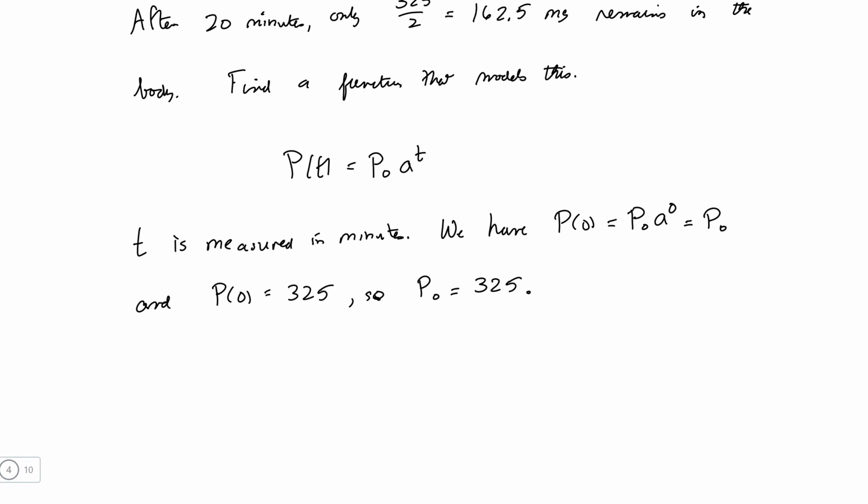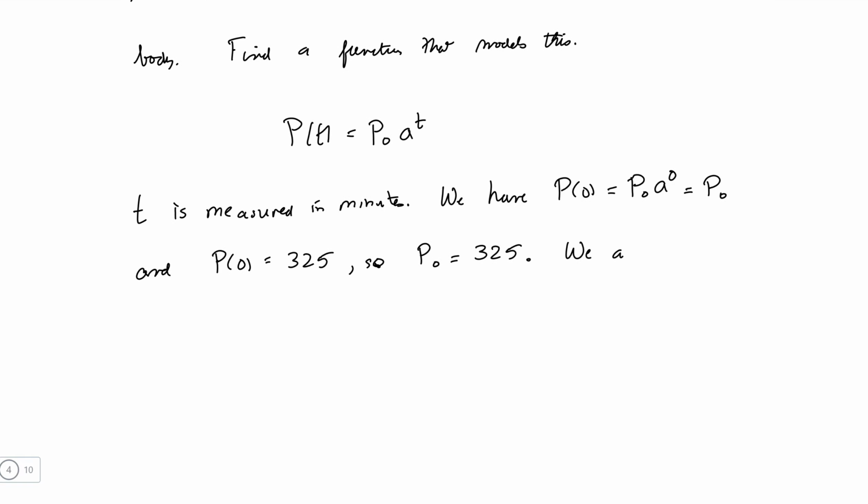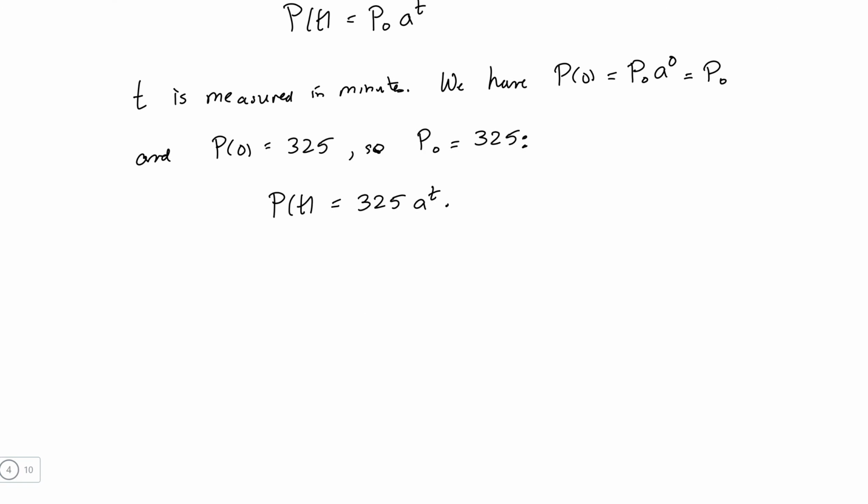The other thing we know, well, maybe before we do what else we know, let's rewrite our equation. So just plugging in what we know, this is 325 a to the t. So that gets us a little bit further along on figuring out this equation. The other thing is we know the half-life.